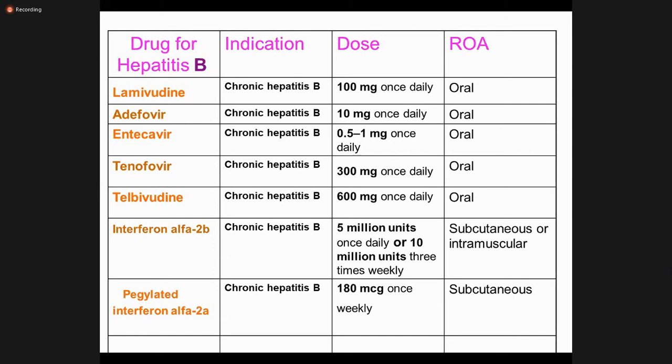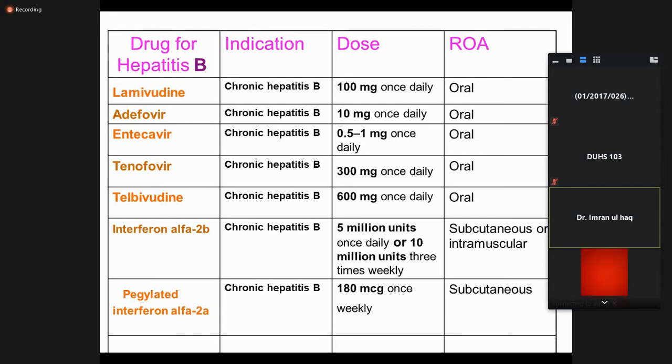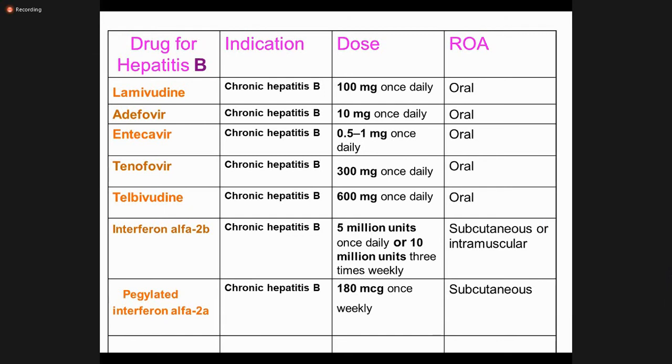So what you must remember is which drugs we can use in the treatment of hepatitis B viral infection. Another way to ask the question: what are the orally administered drugs that can be used to treat hepatitis B viral infection? You will say lamivudine, adefovir, entecavir, tenofovir, telbivudine. These are the commonly administered drugs.